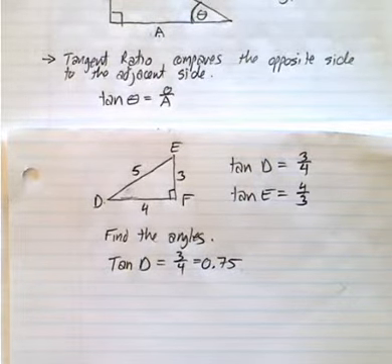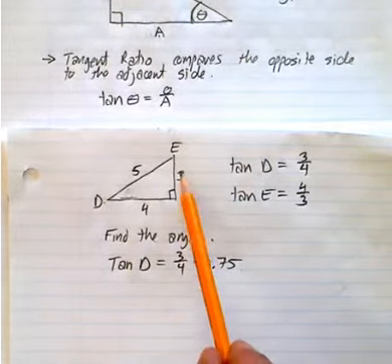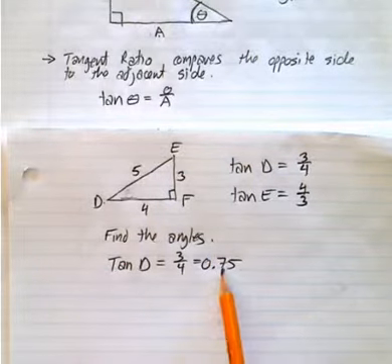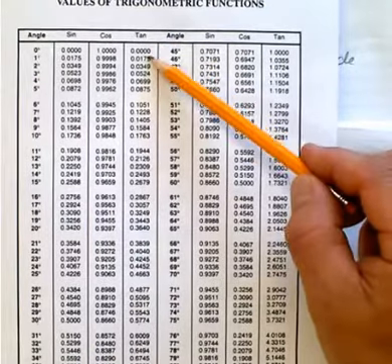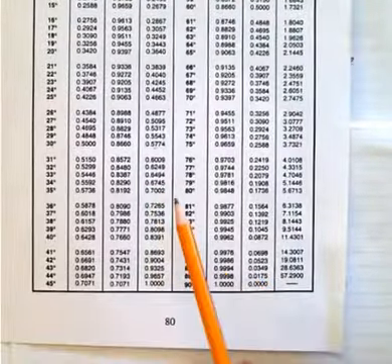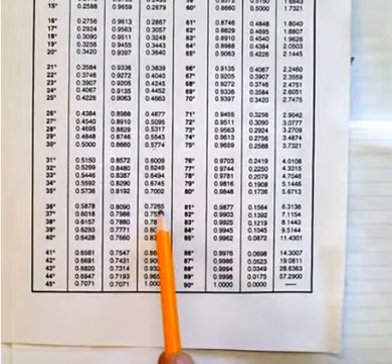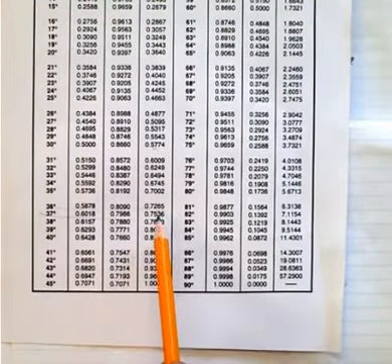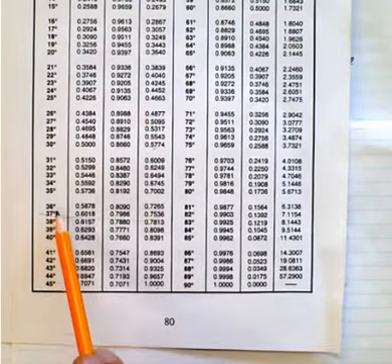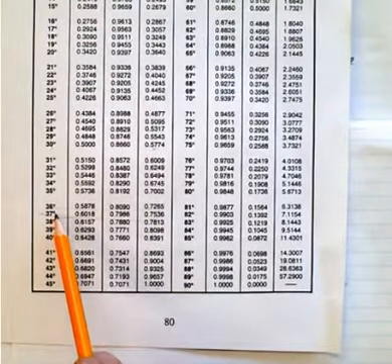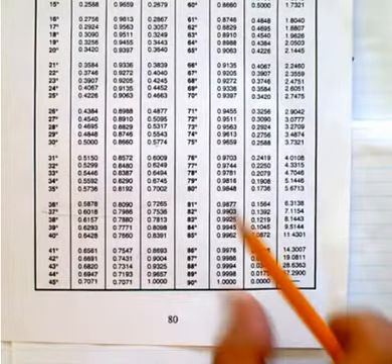The ratio of this side to this side is 0.75. Well, that's what these numbers are on here. Can you find a number in here that's 0.75? The closest one you find is right here. This is a little bit more than 0.75, so my guess is going to be around 36 point something.